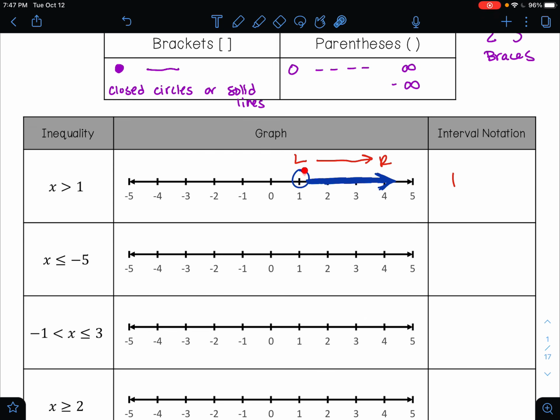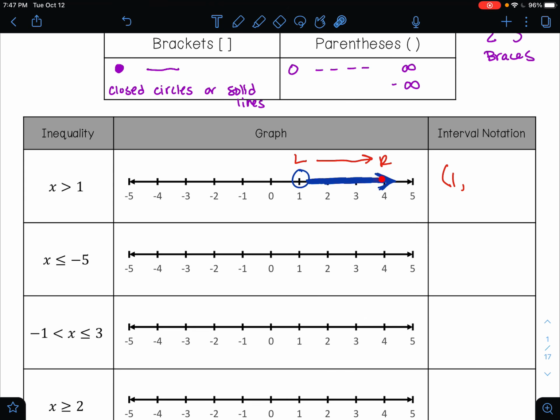1 has an open circle. Open circles get a parenthesis, comma, and then my furthest point to the right is an arrow. Notice how my number line has an arrow going on forever and my shading has an arrow going on forever. This is going to the right forever.